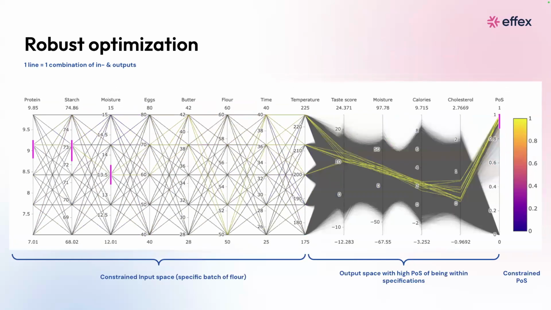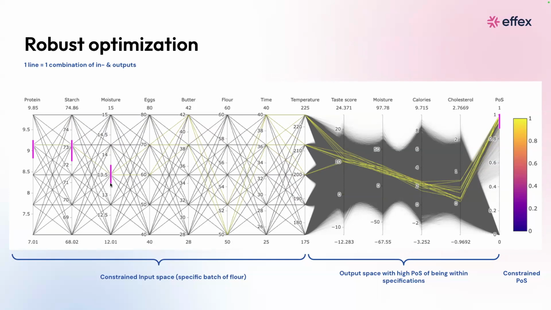So here in this slide, you see how we have filtered the graph. We have specified certain values for the protein, starch, moisture. So this illustrates a case where you will get a batch of flour into your factory with these content percentages.